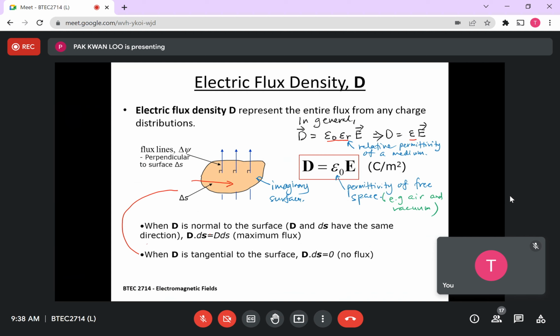So the evaluation of the dot product is always maximum when it is normal. As I always mention in chapter 1, we will use the surface area.